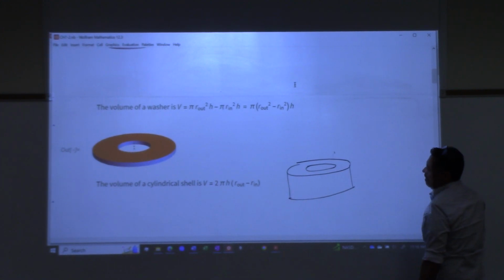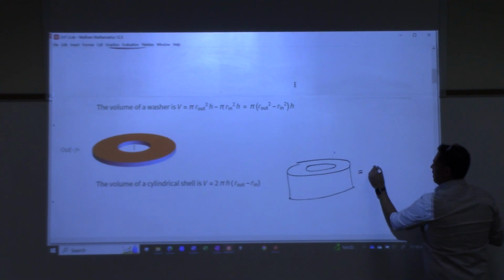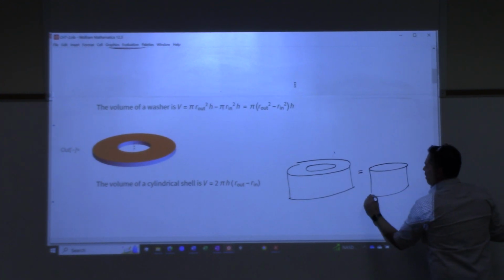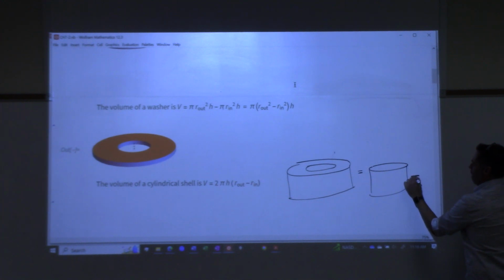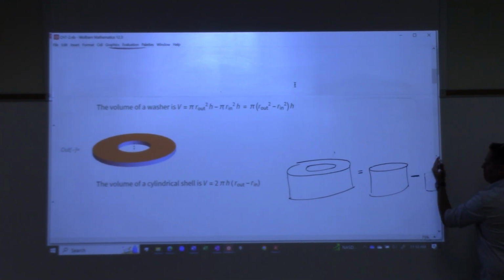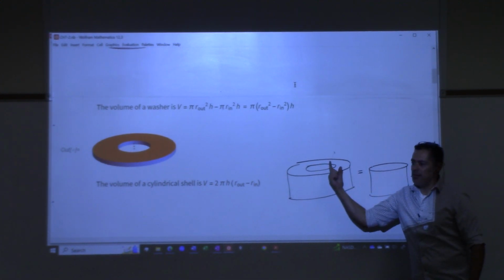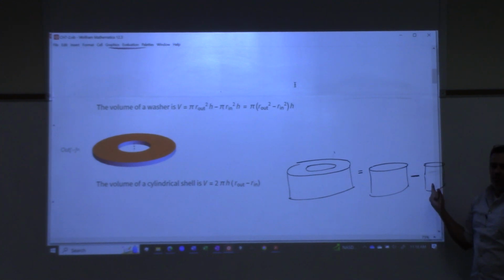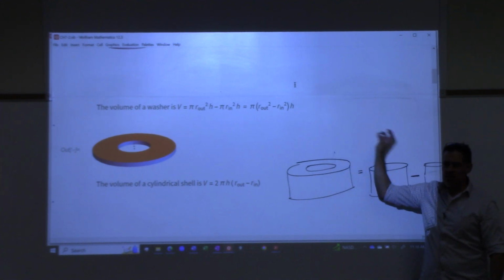If I want to know the volume of this, I can think of it as the big cylinder, take away the smaller cylinder that's inside of it. They're the same height. So take the big one and then take out the smaller one from the inside.